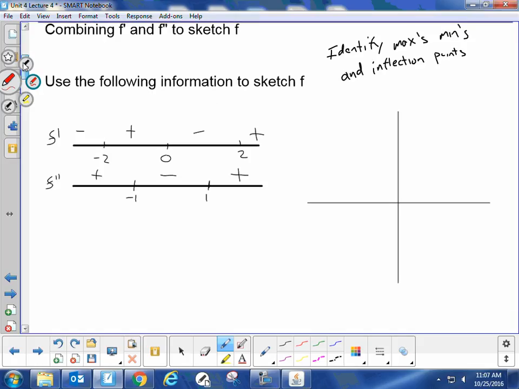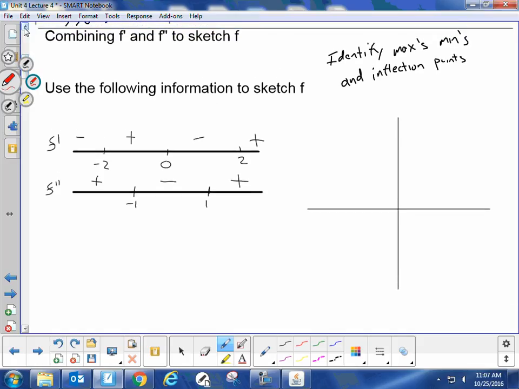I'm going to give you information. I'd like you to copy this down. This is information that we could obtain either from a graph of f prime or from a function. Start by copying that down.